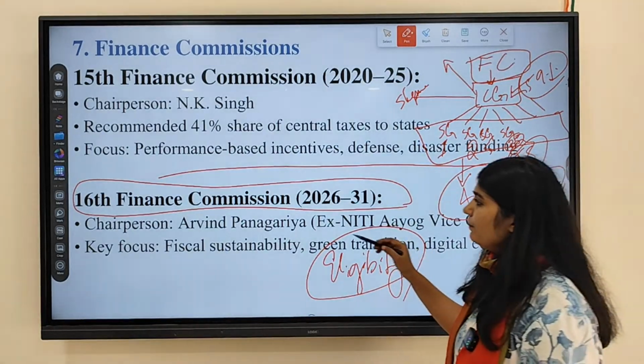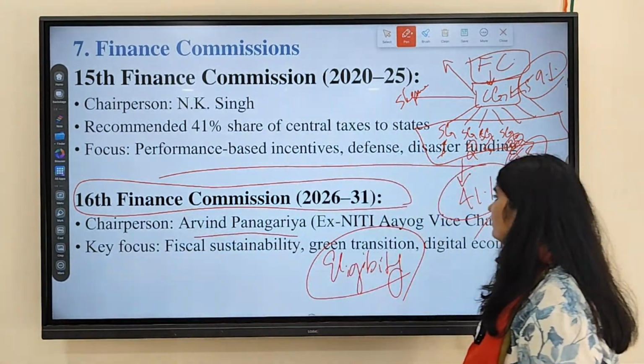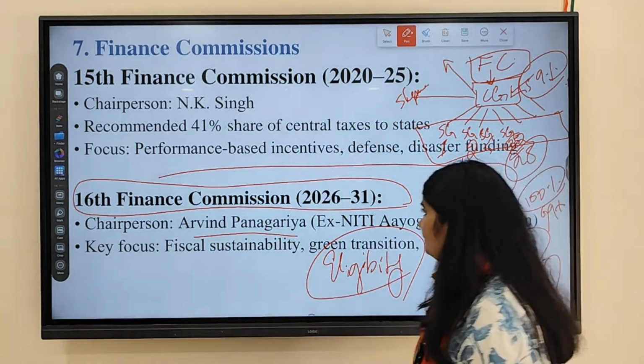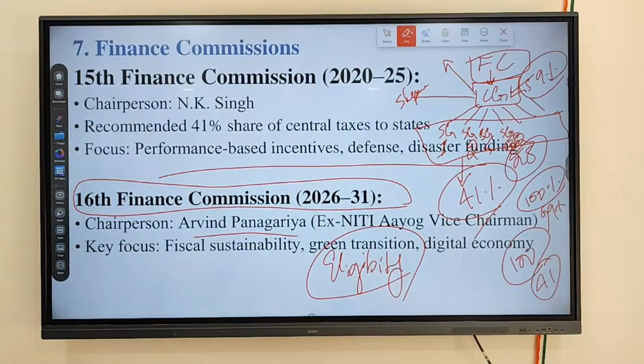It is headed by Arvind Panagariya, the ex-NITI Aayog vice chairman. For the central government it is 59, and for the state governments it is 41 among the states.